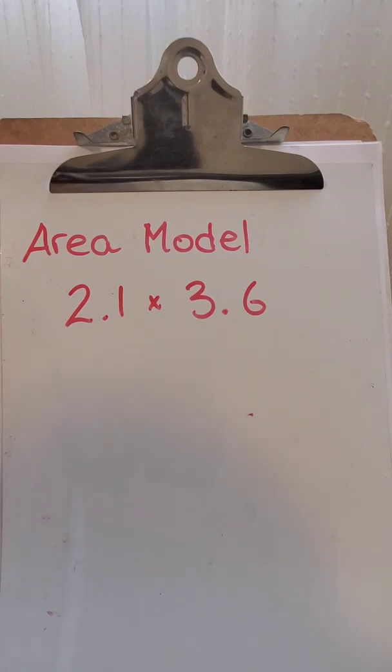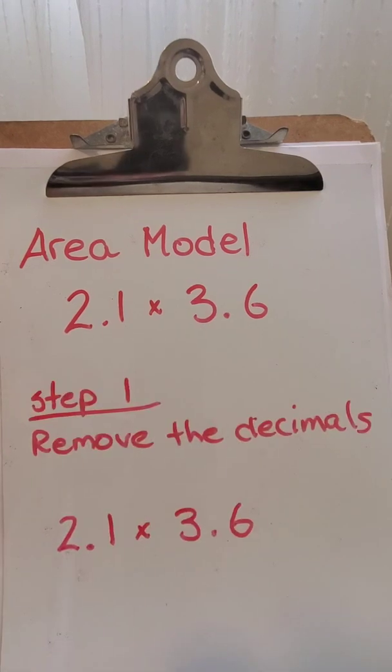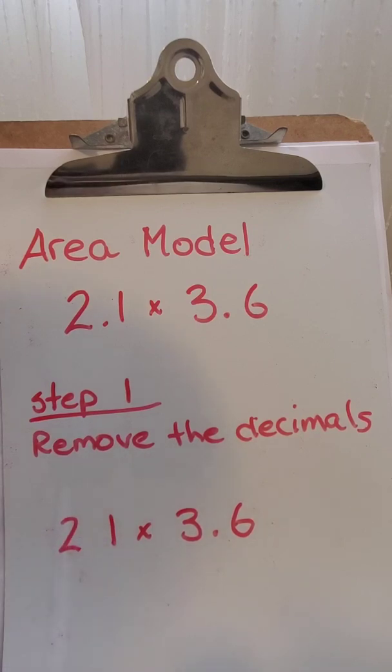Okay, we're back to the first example question of 2.1 times 3.6. This time we're going to use the area model to complete the question. So the first step, remove the decimals. 2.1 becomes 21, and 3.6 becomes 36.